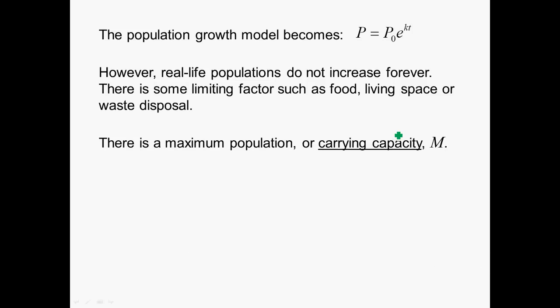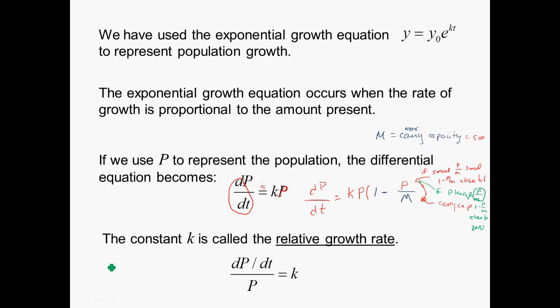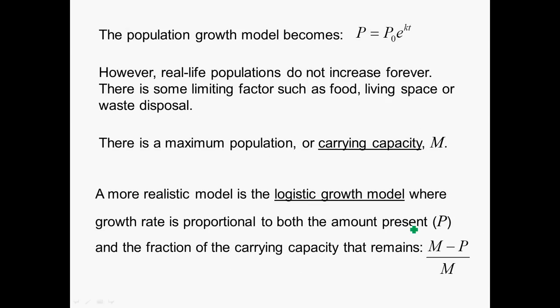But for this equation, given the carrying capacity of M, I want you to recognize that Kp times 1 minus P over M, I can rewrite with a common denominator. If I turn this 1 into M over M, this is M minus P all over M. That's where this comes from.